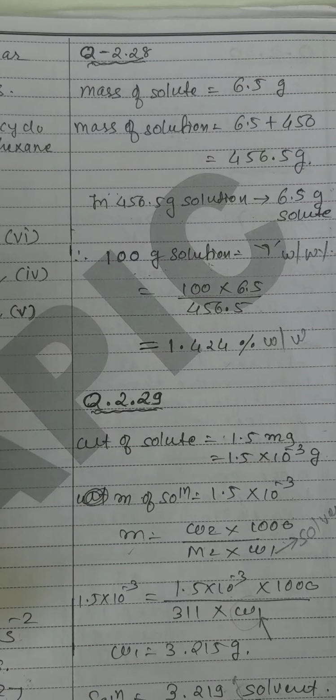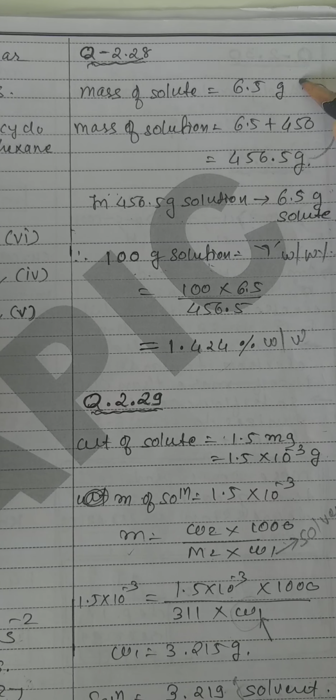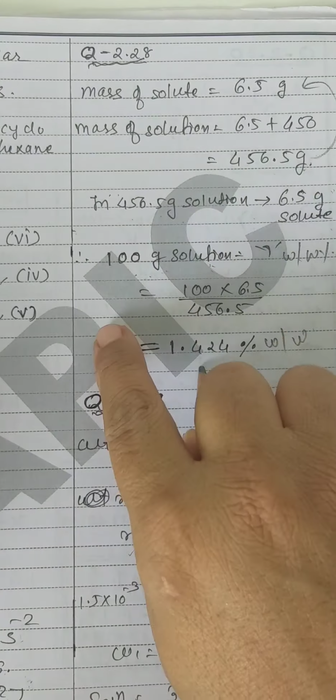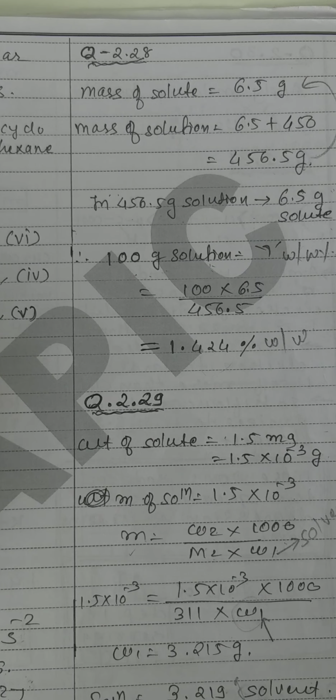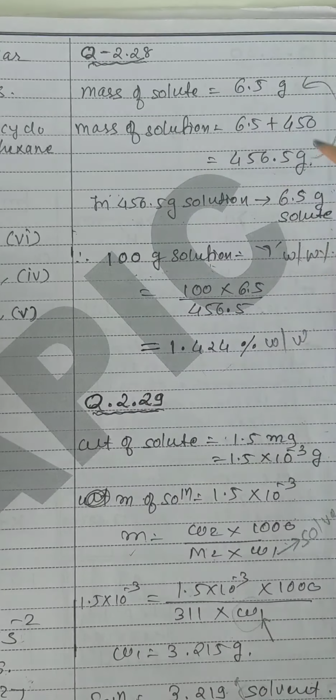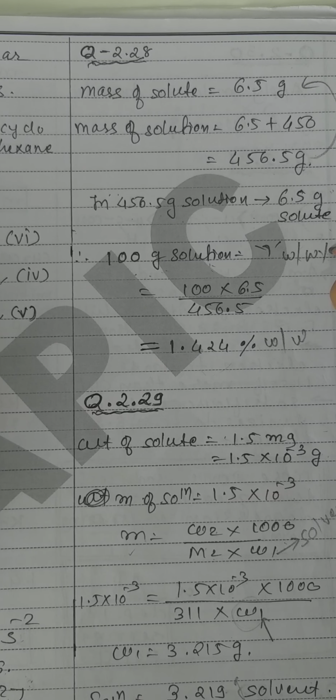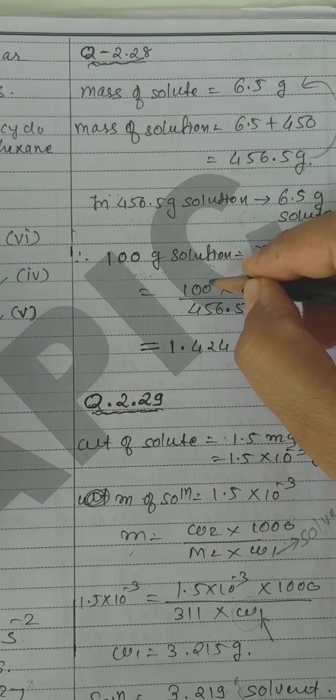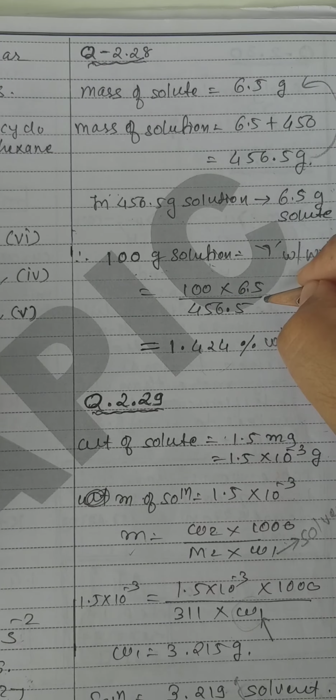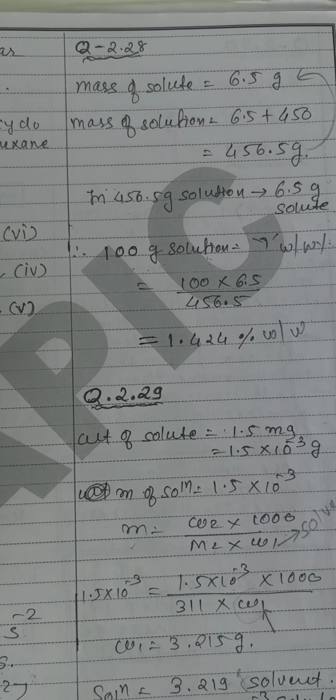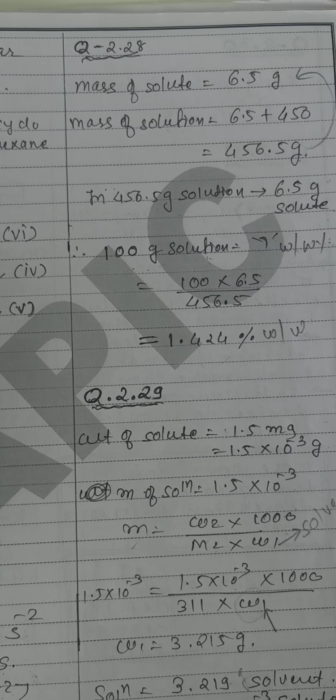In 456.5 gram solution, we have 6.5 gram. Then how much in 100 gram solution? Why are we taking 100 gram? Because we want to find the percentage. So 100 into 6.5 upon 456.5 will give us 4.424 percent W per W. A simple question of maths actually.